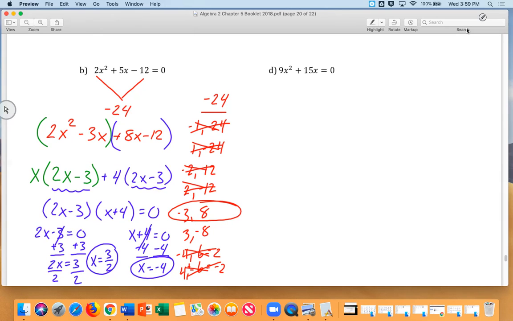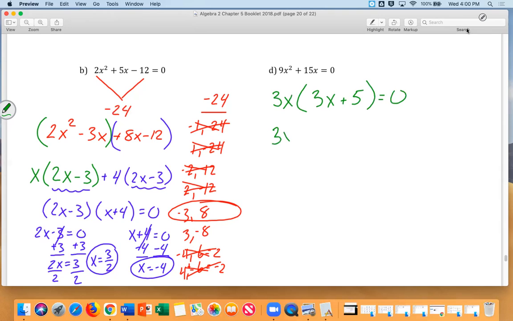Up here for D, well, I don't have 3 terms. I notice they both have x's, 9 and 15. They both share a 3. So I'm going to factor out a 3x. I'm going to do this one by greatest common factor. So factor out a 3x. 9 divided by 3 is 3. x squared divided by x is x. 15 divided by 3 is 5. x divided by x, well, they cancel.